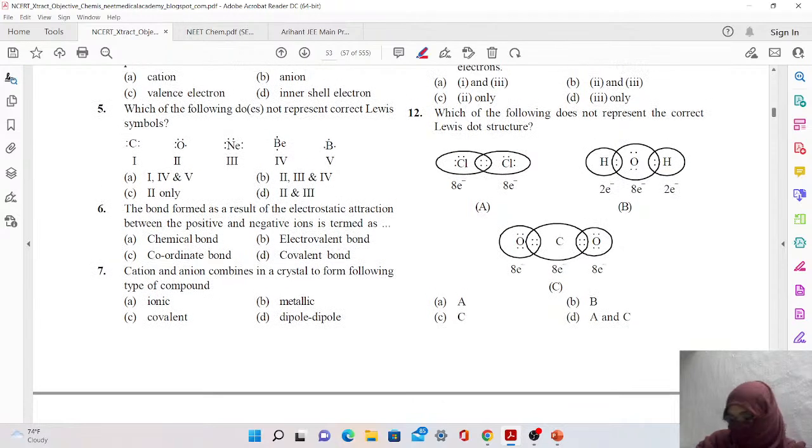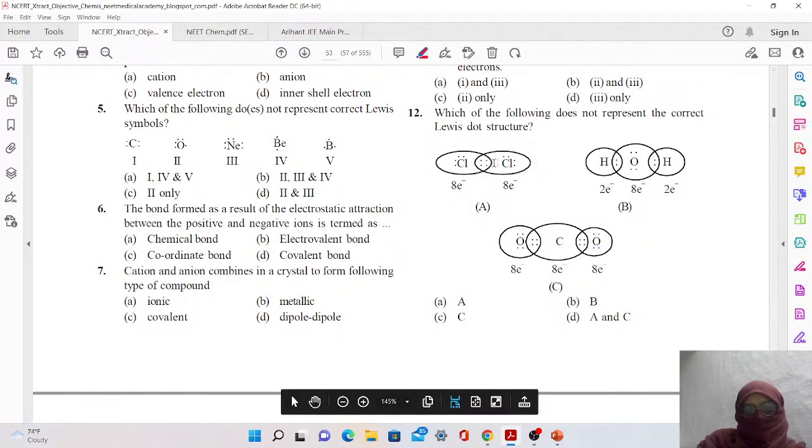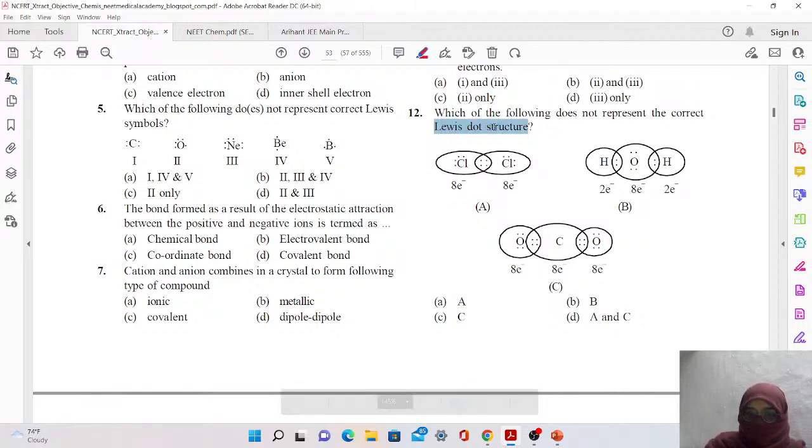Let's talk about the 12th question. What is the 12th question? Which of the following does not represent the correct Lewis structure? They're asking which of the following does not represent the Lewis dot structure.